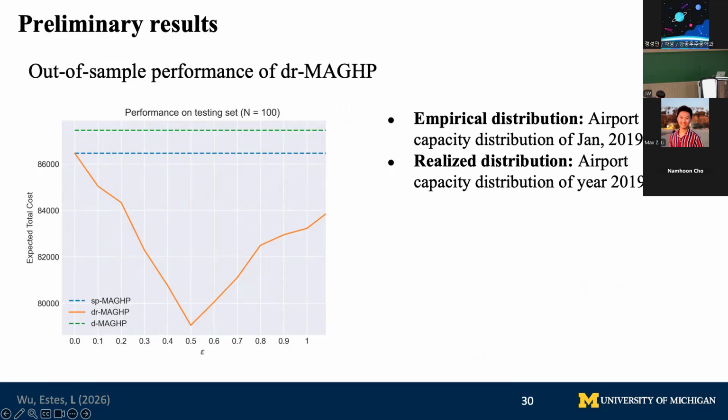Okay, so after this point, what happens? The cost starts increasing again. Why? Because now your ball is so big that you're including distributions that are more pessimistic than what actually happened. So now you're starting to become overly conservative. And your cost goes up again because you're assigning extra ground delays.